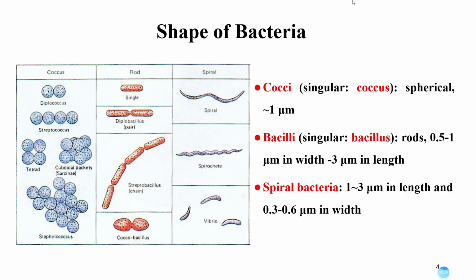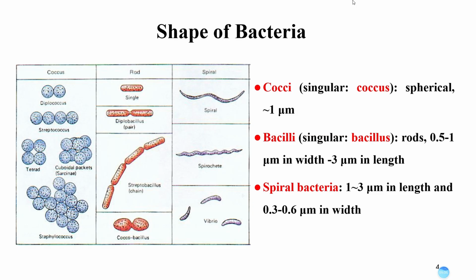Okay, here are the major shapes of bacteria. Most of the bacteria look like this. Some of them are coccus. Do you know the meaning of coccus? Coccus is a name in Greek we call berry, like blueberry, the berry-like coccus.